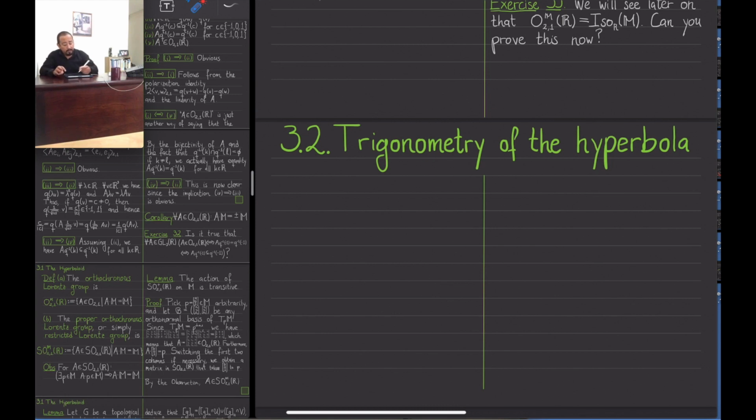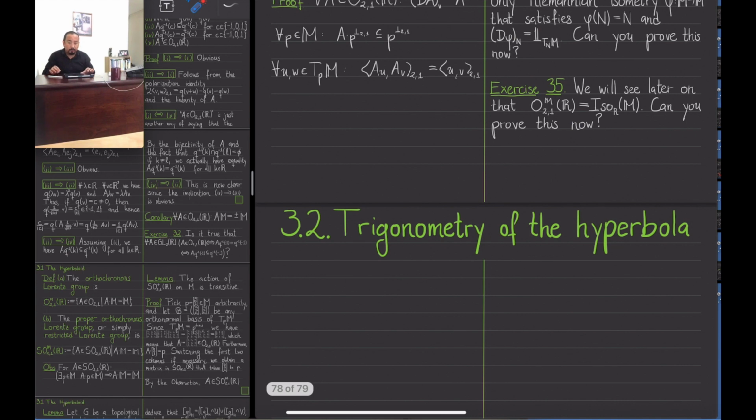Namely, I'm going to see how the hyperbolic sine and the hyperbolic cosine really come from a hyperbola. So I'm not going to define them in terms of the exponential or in terms of a series or so on. I'm really going to define them in terms of some arc length in the hyperbola, like measuring some sort of angles in the hyperbola. Okay, so that's it for today.